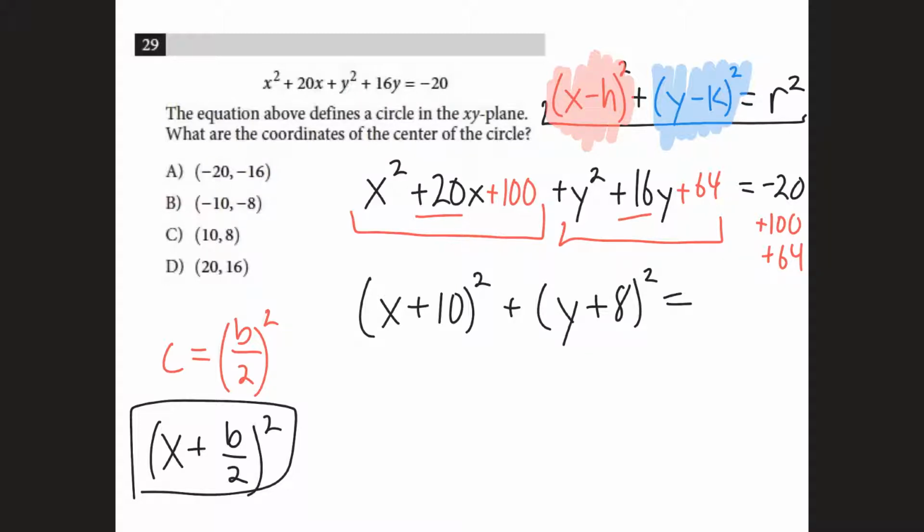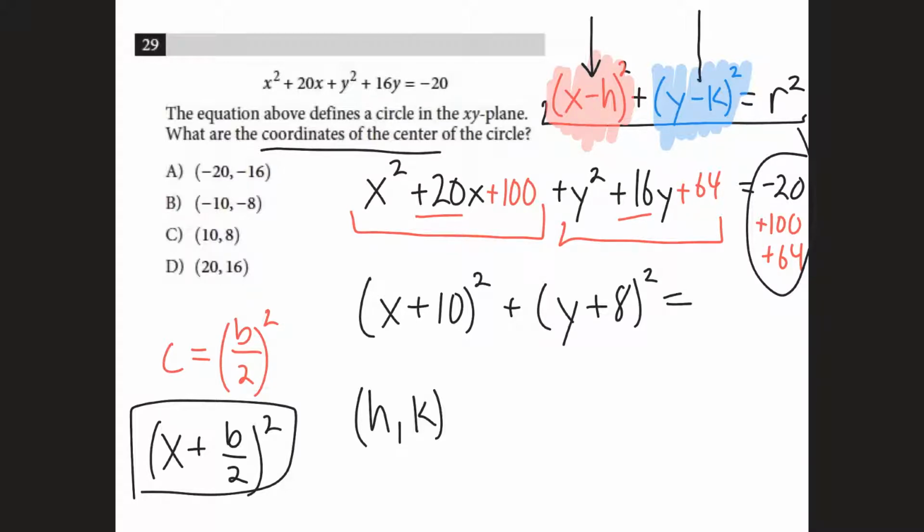Now I could add up these terms and figure out what the radius is, but that's not what the question is asking. The question is asking what's the center of the circle, and the center of the circle is going to be at (h, k). But note that in our equation for a circle, it's minus h.